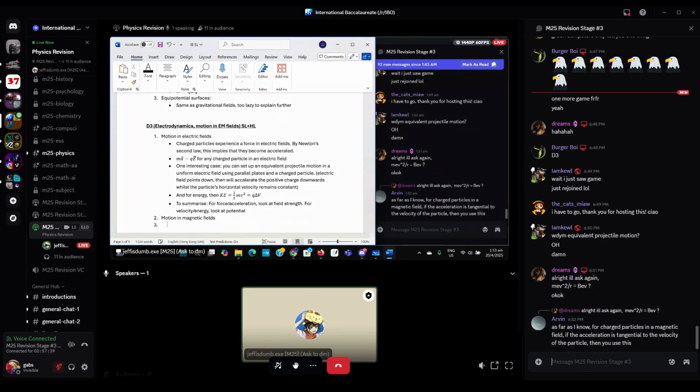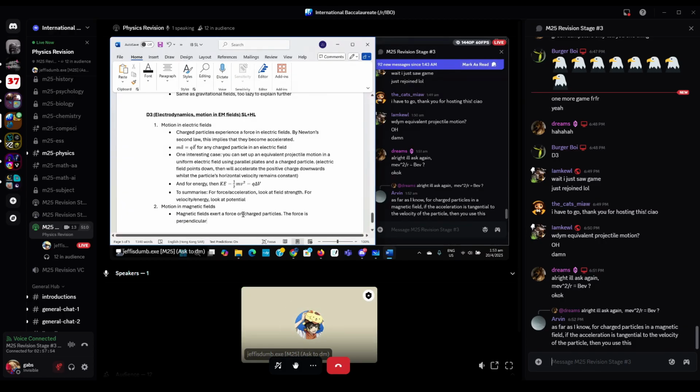So magnetic fields. First of all, we want to know that magnetic fields exert a force on moving charged particles. The force is perpendicular to both the velocity vector and the magnetic field.